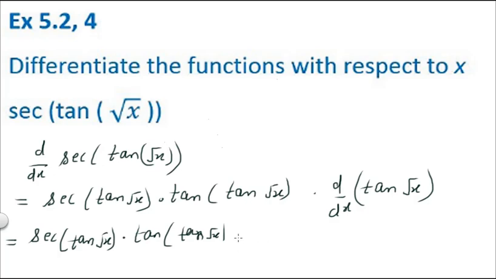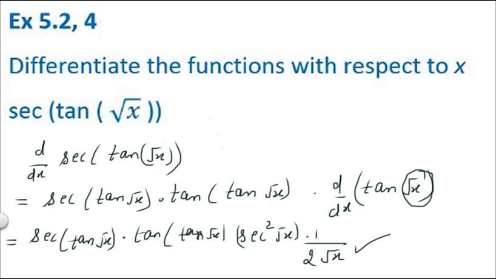So it will become secant square root x. Now after this we will differentiate root x. And you know differentiation of root x is 1 upon 2 root x. So in the statement only I am changing that differentiation of root x will become 1 by 2 root x. So this will be your solution for the question number 4.